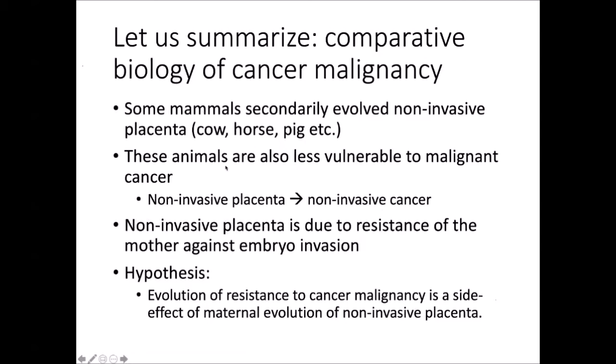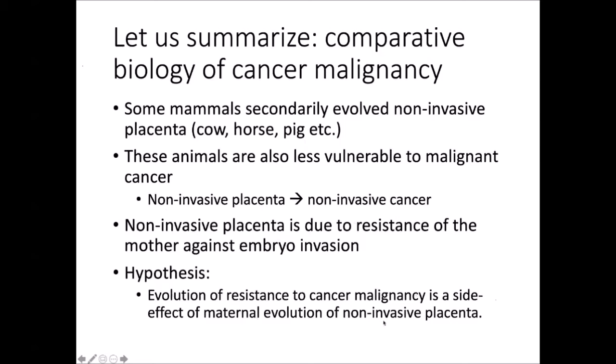These animals also happen to be less vulnerable to malignant cancer. So the non-invasive placentation is associated with non-invasive cancer. Non-invasive placentation is due to resistance of the mother against embryo invasion. So the hypothesis is maybe that the evolution of resistance to cancer malignancy is a side effect of maternal evolution for non-invasive placentation.